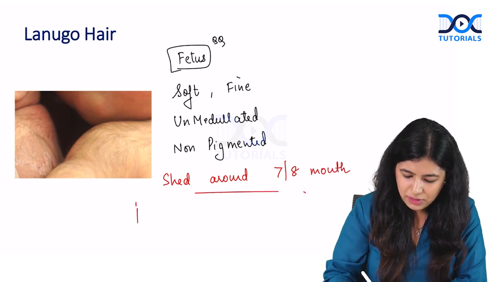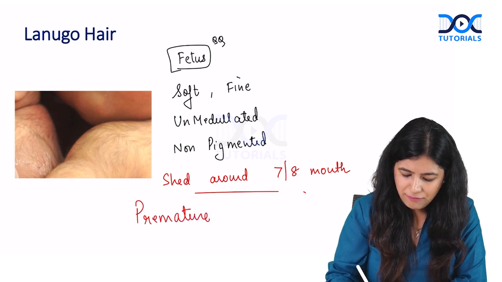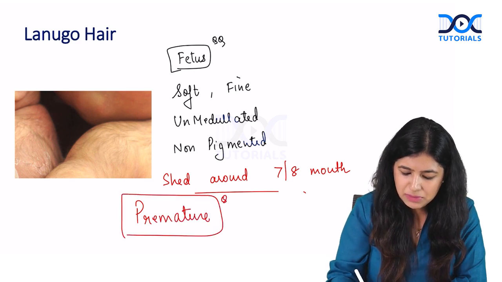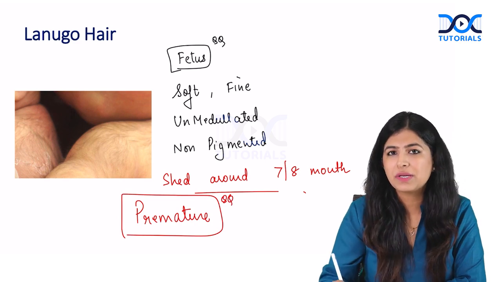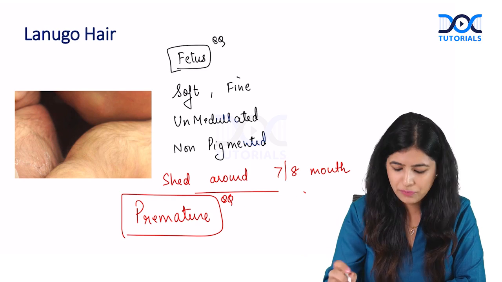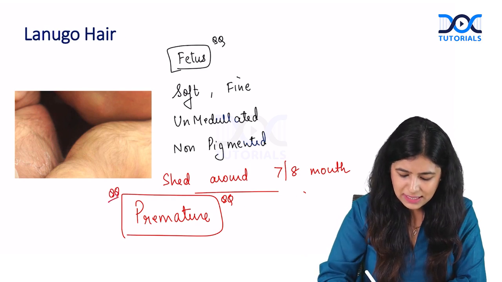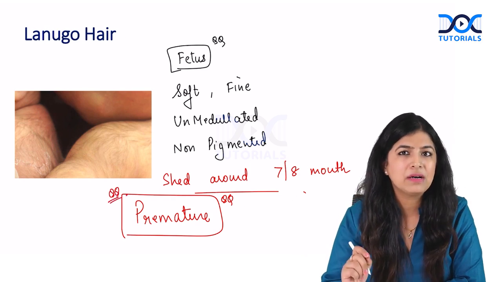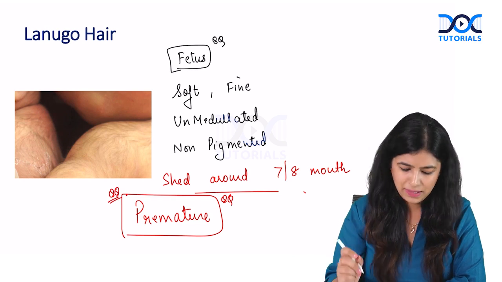But if a baby is born premature, that baby is going to have lanugo hair, which will eventually shed off in a month or 2. So the importance is that these hair may be present in a premature baby.